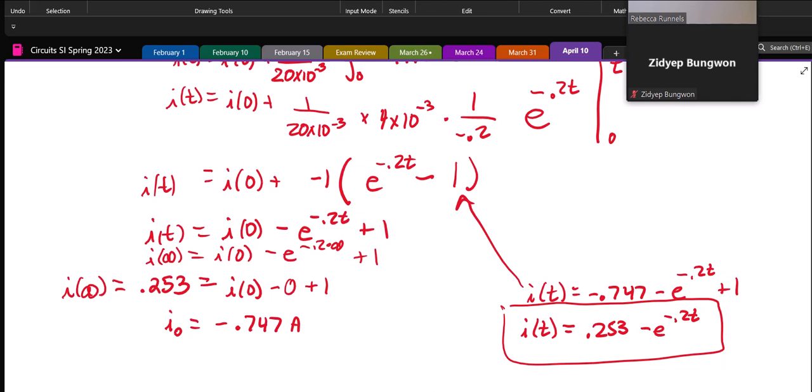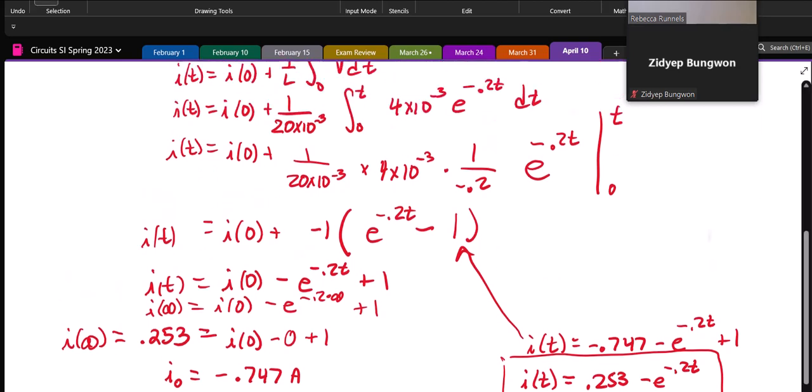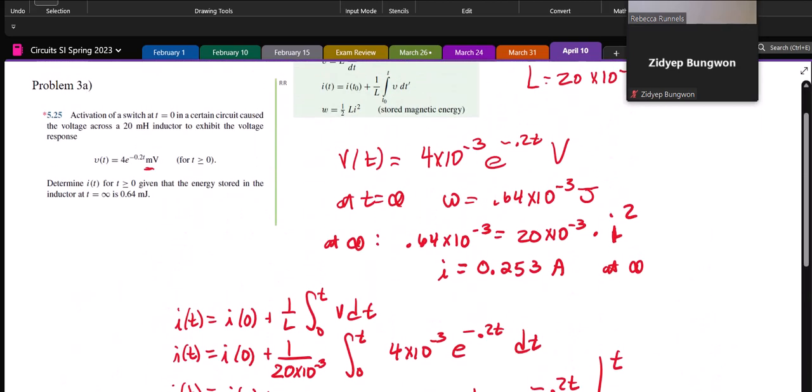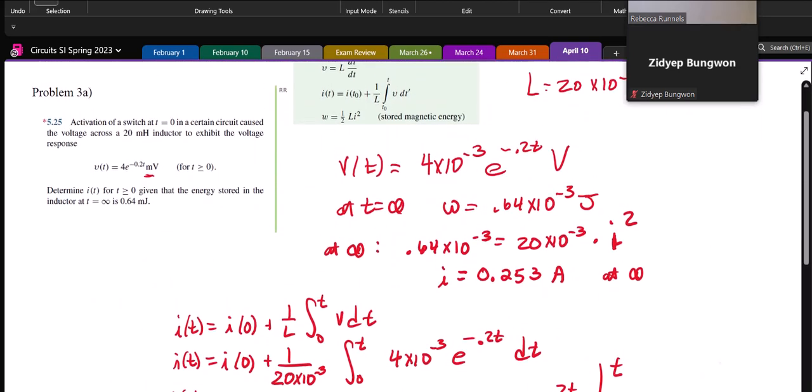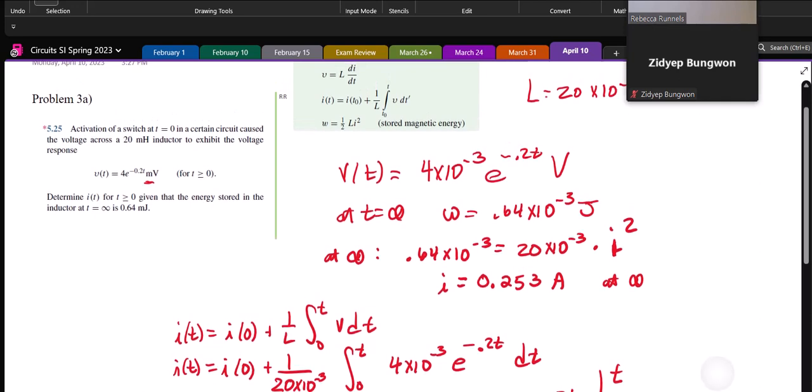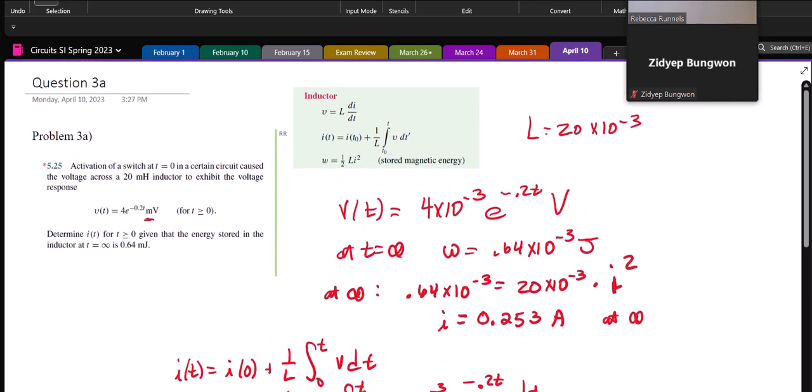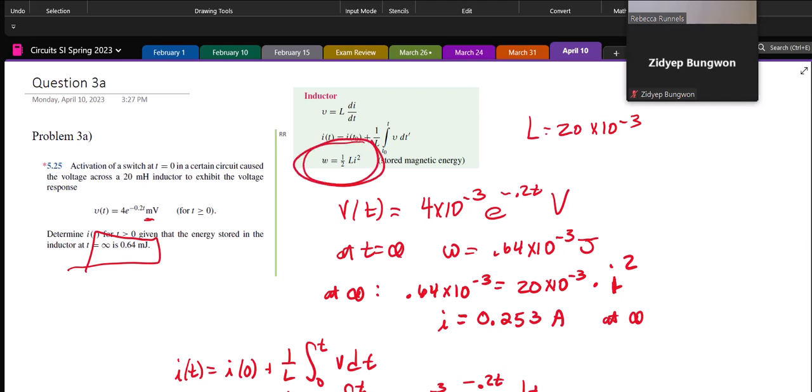You said how you found infinity again? Yes. So at infinity, they gave me that the energy at infinity was 0.64. And I know the energy at any time is 1/2 L i squared.